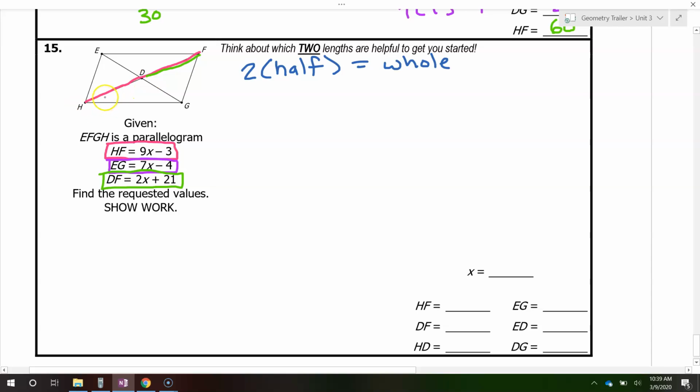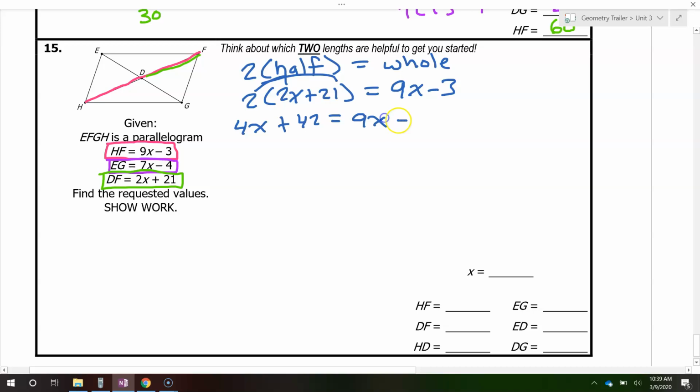So we're going to be using the red and the green. Obviously the green is the half, and that's DF. That is 2x plus 21. The whole is the red. So that's 9x minus 3. So this is something I can solve. After the distributive property, I have 4x plus 42 equals 9x minus 3.